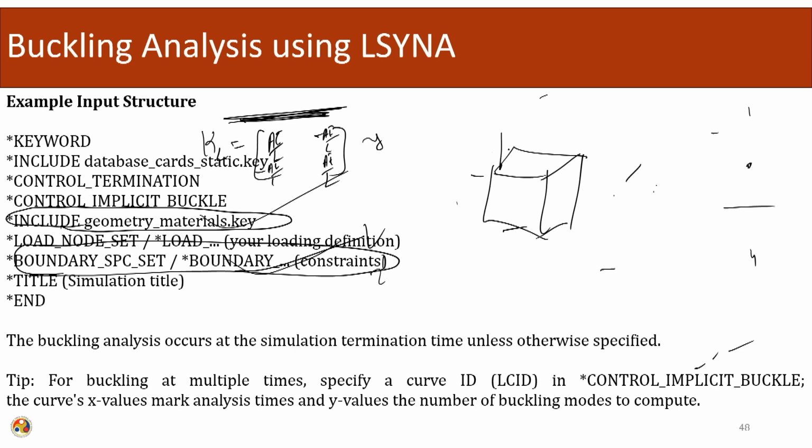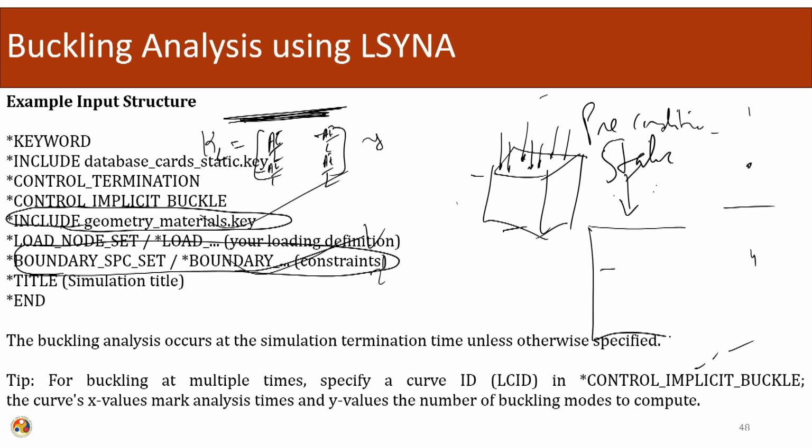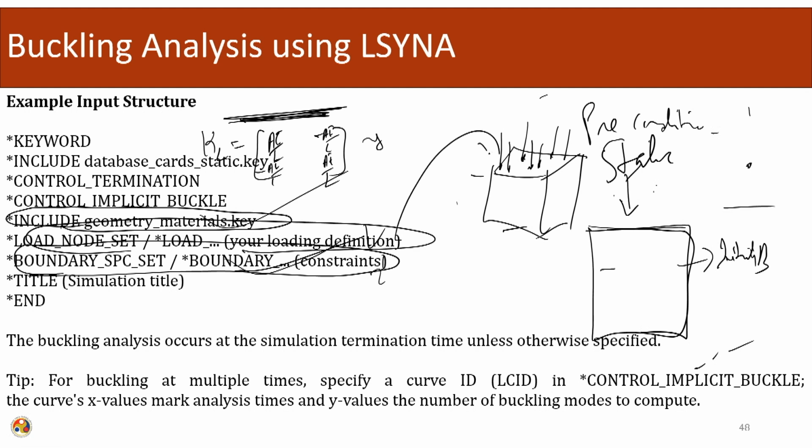We will give them as loading, eccentric loading, or any preconditions that we think will exist in the system. Then we will analyze the system in a static way, take out the results of the static analysis, and use them as the initial condition for my buckling analysis. So the loading definitions we have given as a precondition.